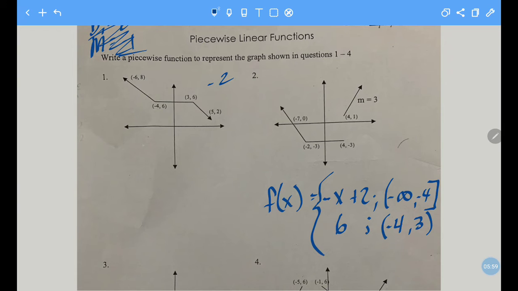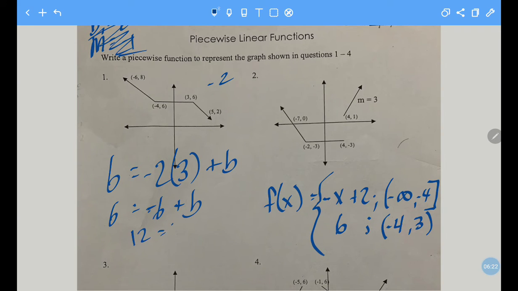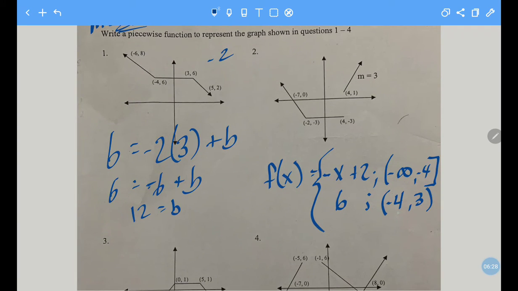Then I'm going to write the equation. So y equals mx plus b. I'll choose this point right here. y equals m, negative 2, my x value is 3, plus b. We're always solving for b. So we get 6 equals negative 6 plus b. I add 6 to both sides and I get 12 equals b. This last part goes from x equals 3, and notice they have an arrow here, all the way to infinity.